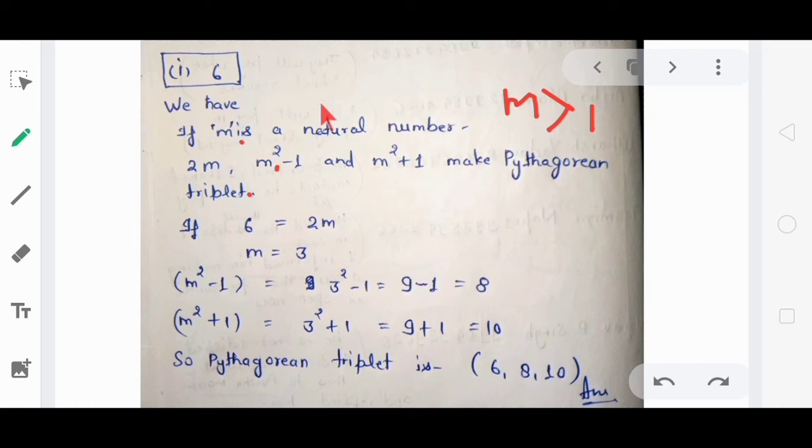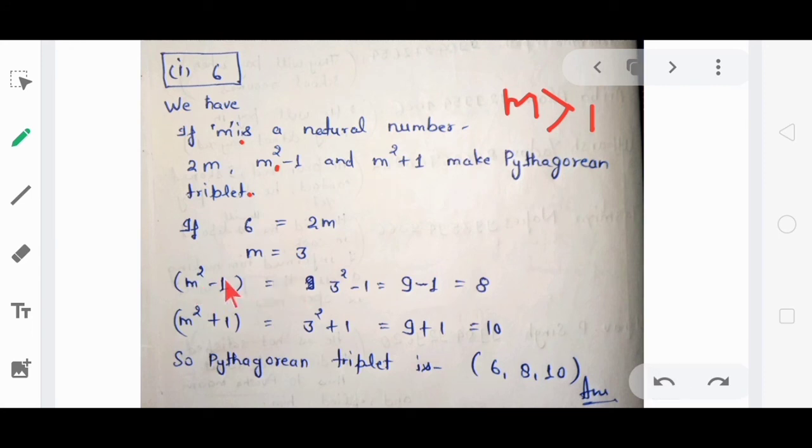Now put the values, 6 and 2m equal, find the value of m. And now for the other two numbers in the Pythagorean triplet, m square minus 1 and m square plus 1, put the value of m, you will get your answer. m square minus 1 is equal to 3 square minus 1, because the value of m is 3, which you obtained here.